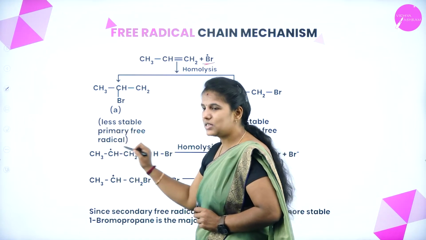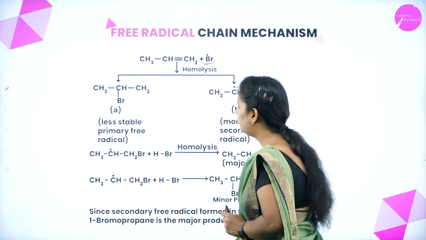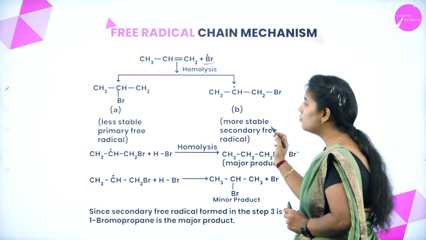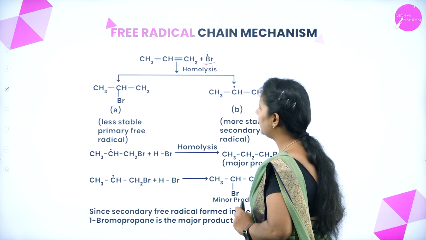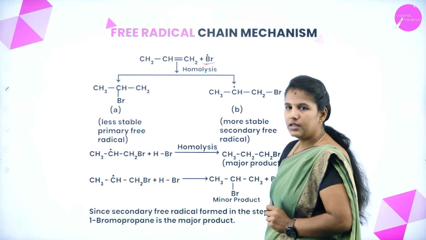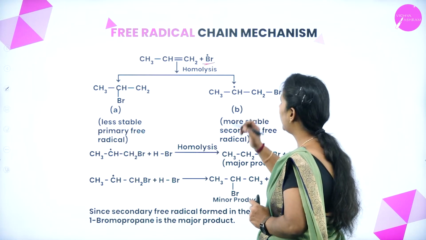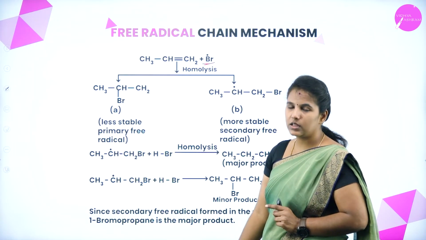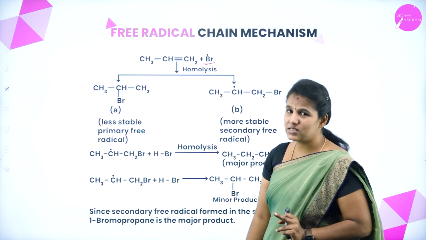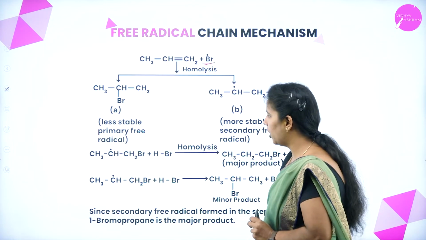One is a less stable primary free radical, whereas the other is a more stable secondary free radical, where the bromine can attach to the second carbon atom, or the bromine can attach to the first carbon atom, forming a more stable and a less stable radical.